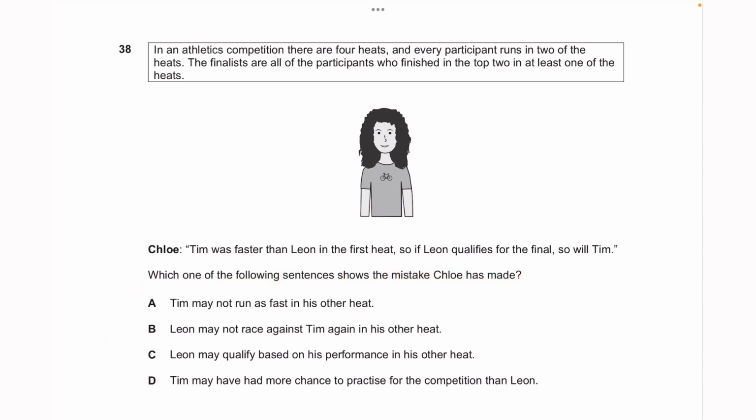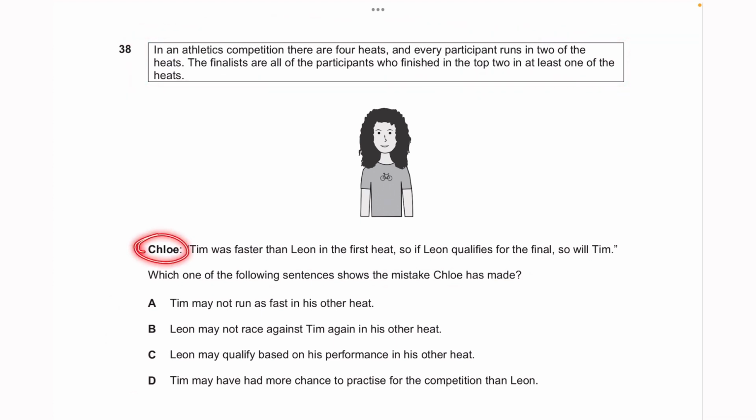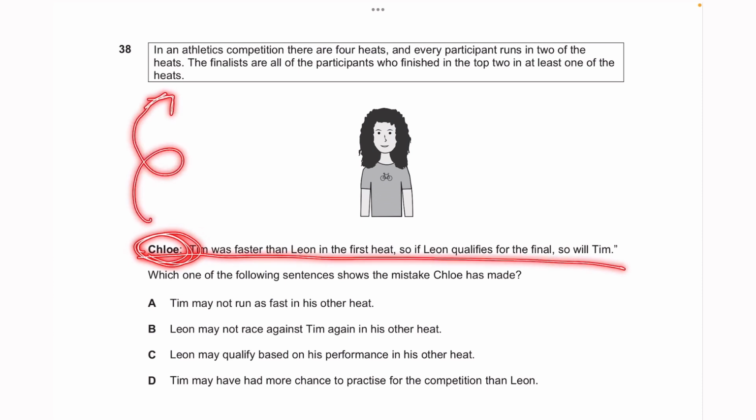Now, once again, boys and girls, to solve this question we need to read the information in the box, and make sure that what is said here follows through with what's written up there. We can determine if Chloe's reasoning is correct or incorrect based on if she follows this information.